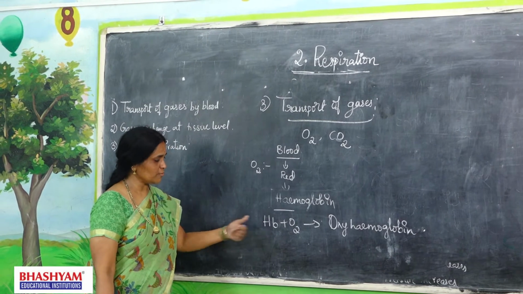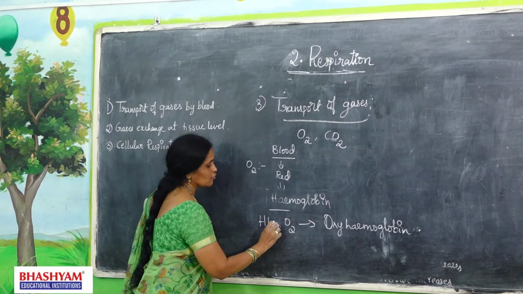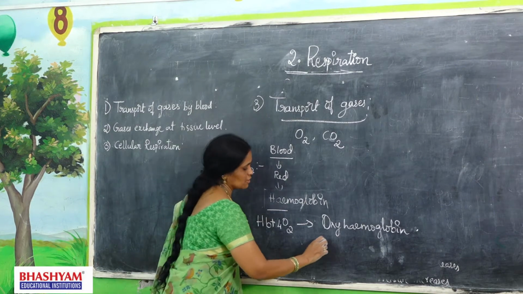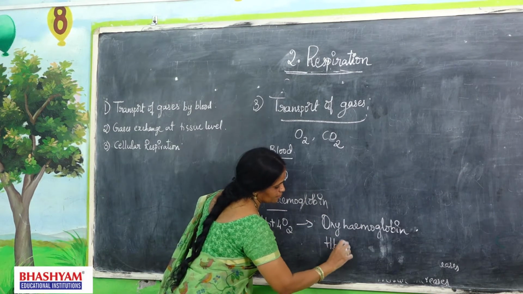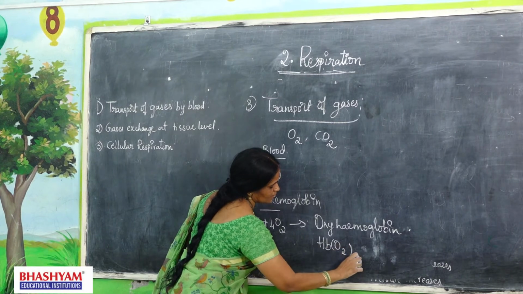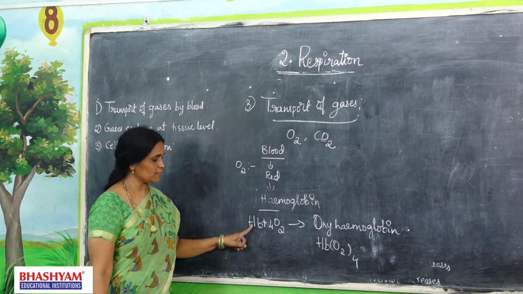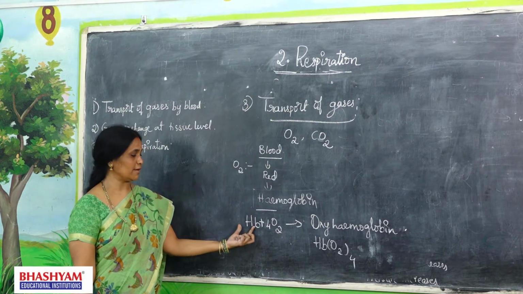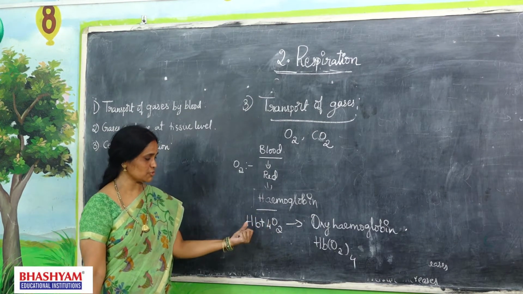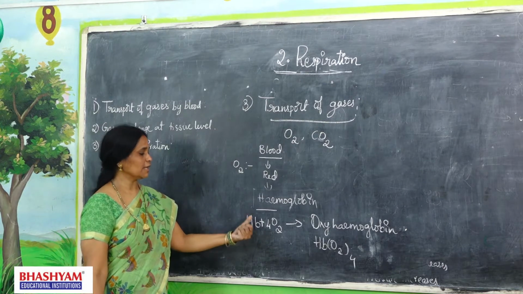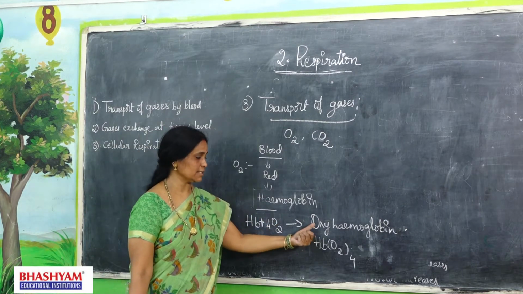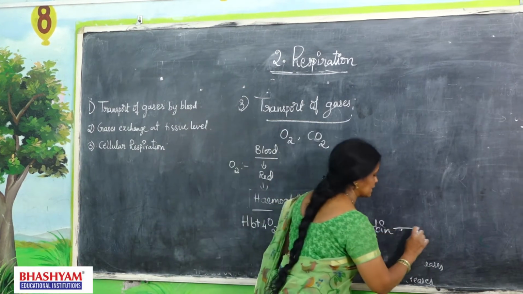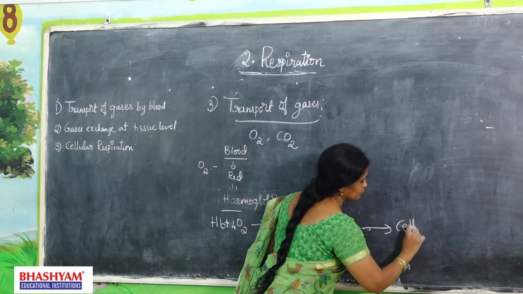Generally, one hemoglobin molecule combines with 4 molecules of oxygen, which results in the formation of oxyhemoglobin. This hemoglobin has a strong attraction towards oxygen, and it carries oxygen in the form of oxyhemoglobin to each and every cell in our body.